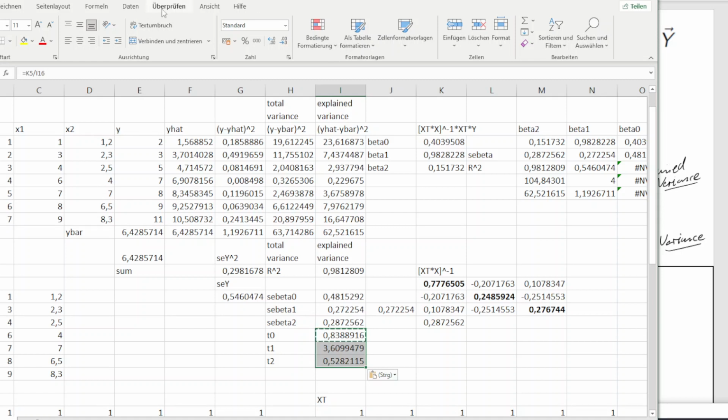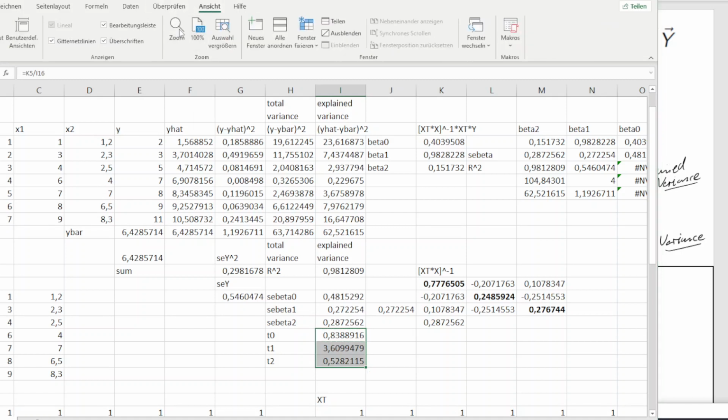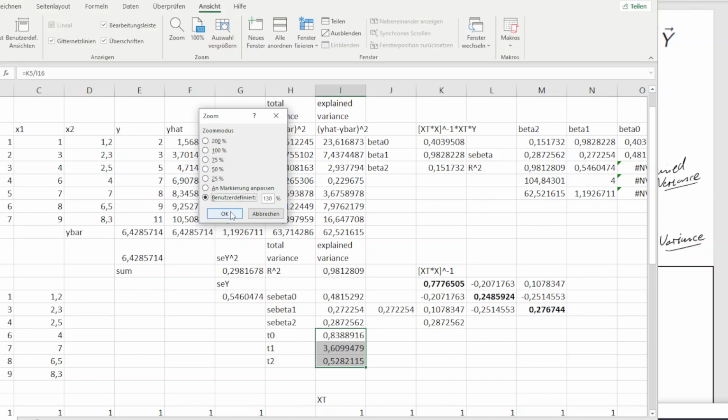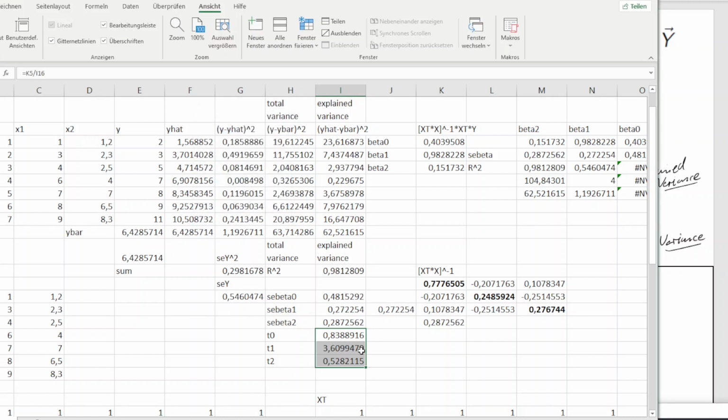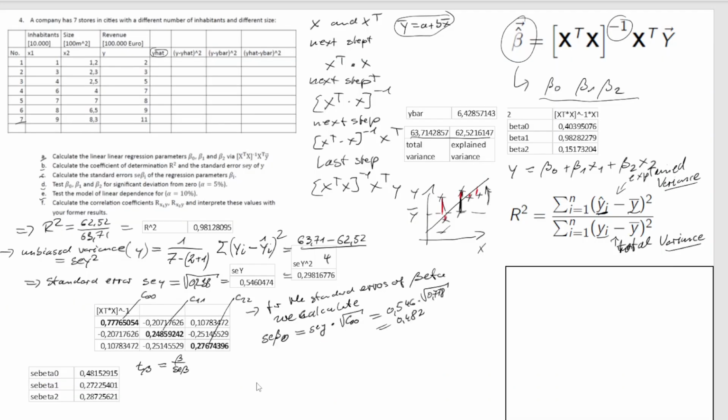And I should resize this again, okay. So then let's copy this also down here.